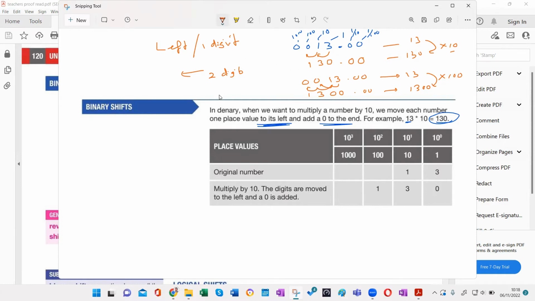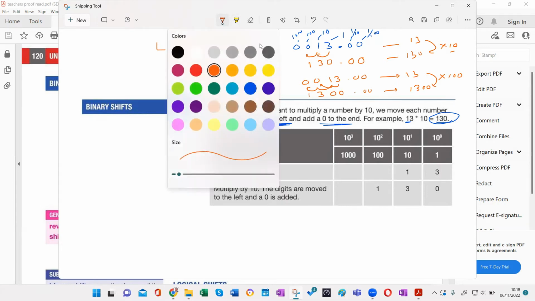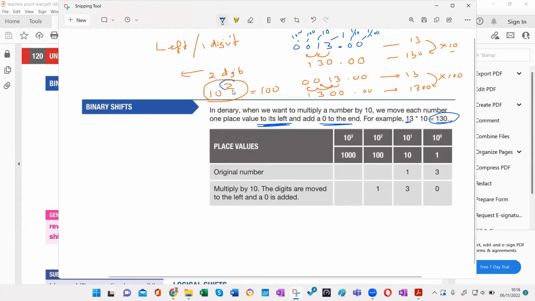And look at this pattern, right? The base was 10, denary. We moved 2 digits to the left. So if you write it as a power value, 10 to the power 2, right? 10 to the power 2 is 100. This 2 will be the number of places that you shift. I moved 2 places.